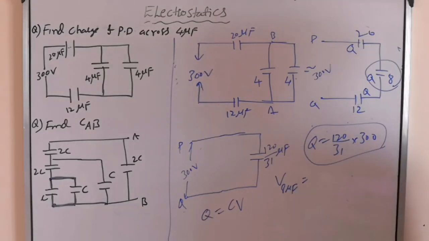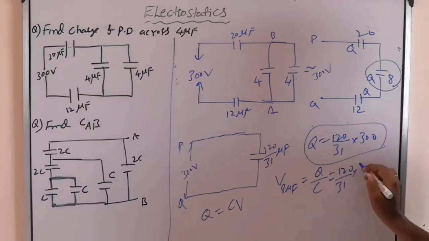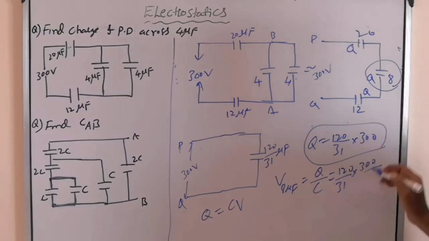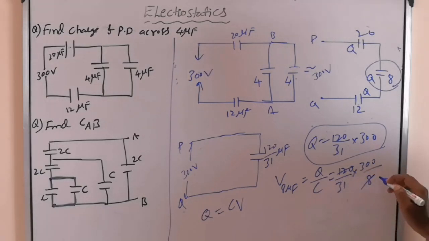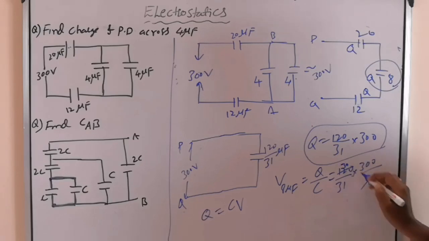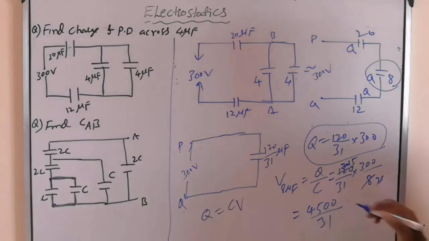The potential difference is Q by C: 120 by 31 into 300, by 8, so 15, 4500 by 31.